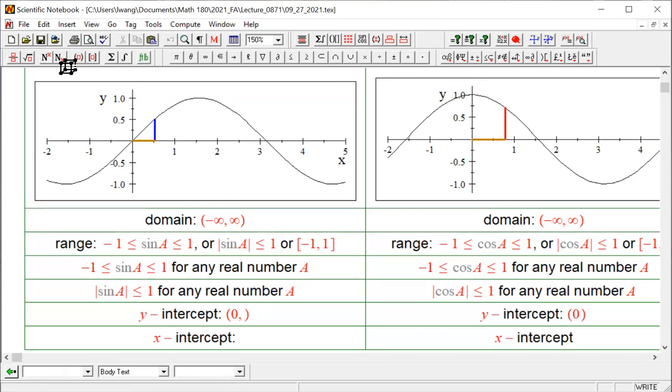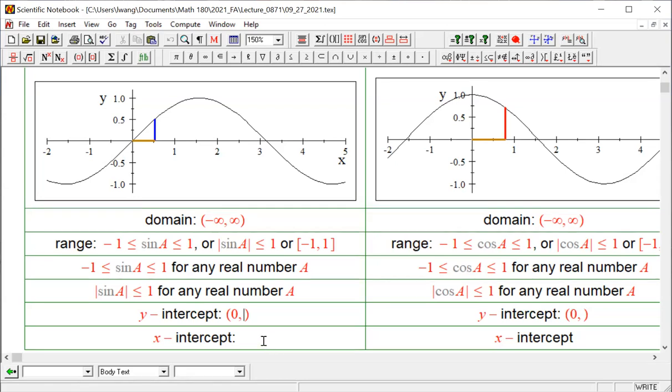Is 0. Every y-intercept has the same commonality. The input must be 0. So if that 0 is in the domain, the output has to be the one and only. It cannot have another number. Do you guys follow me? So this originates from the definition of function. Do you guys follow me?